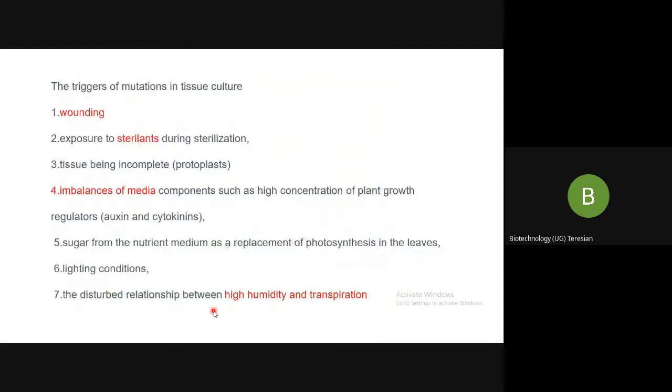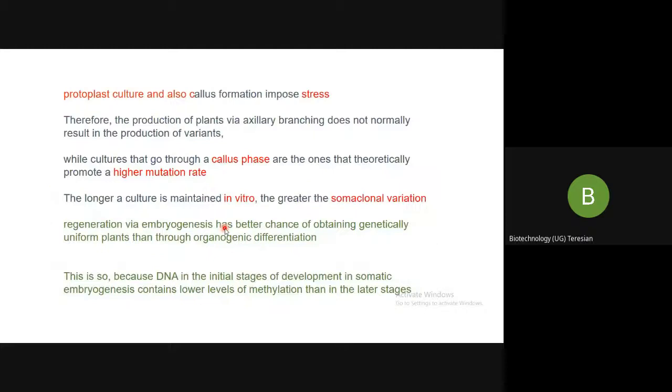These all can lead to mutation. That is, they all can lead to variation. Protoplast culture and also callus culture formation impose stress on your plant.